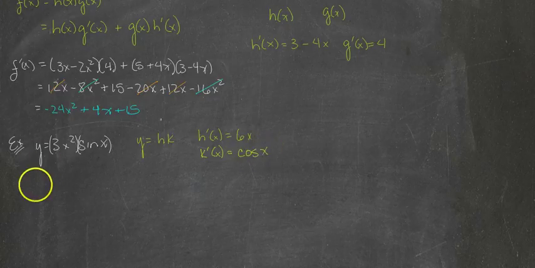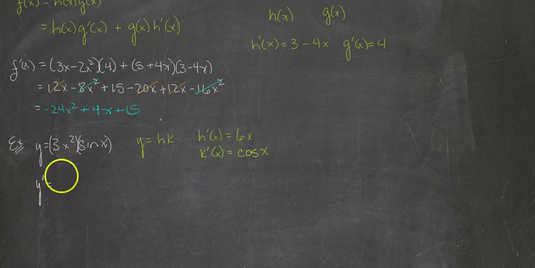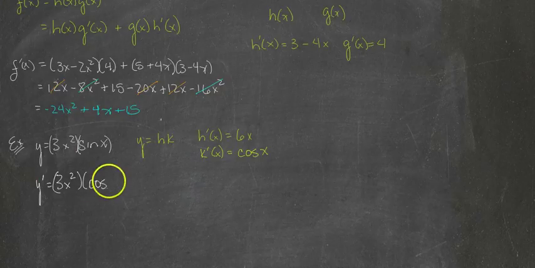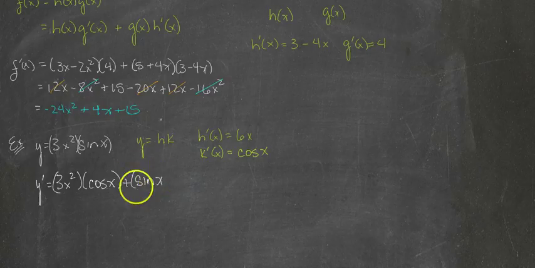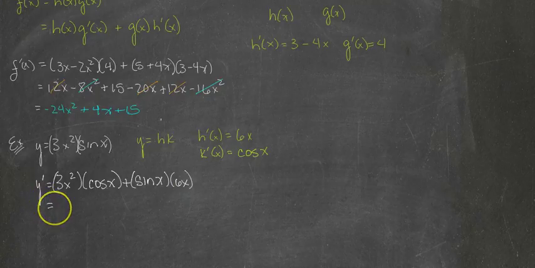So now let's put it together. Y prime equals, first, 3x squared times the derivative of the second, cos x, plus the second, sine x, times the derivative of the first, 6x. And let's see if we can make this prettier at all.